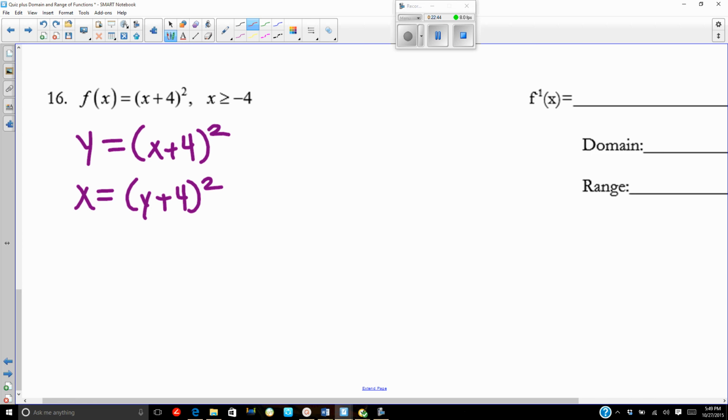First step to solve this one for y is to eliminate that exponent of 2. And anytime we want to eliminate a square root symbol, we just square root both sides. That square root and that exponent, they're opposite operations. It's like dividing and multiplying, two different operations.